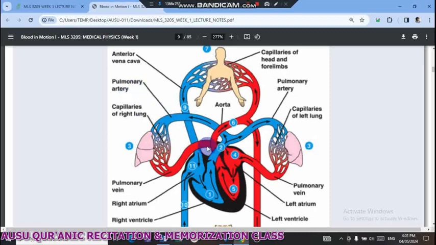This is a vein. It connects the lung to the heart, so we call it pulmonary vein. On the left, you have the same thing. You have pulmonary artery, and you also have pulmonary vein. The pulmonary artery carries the deoxygenated blood, and the pulmonary vein carries oxygenated blood.